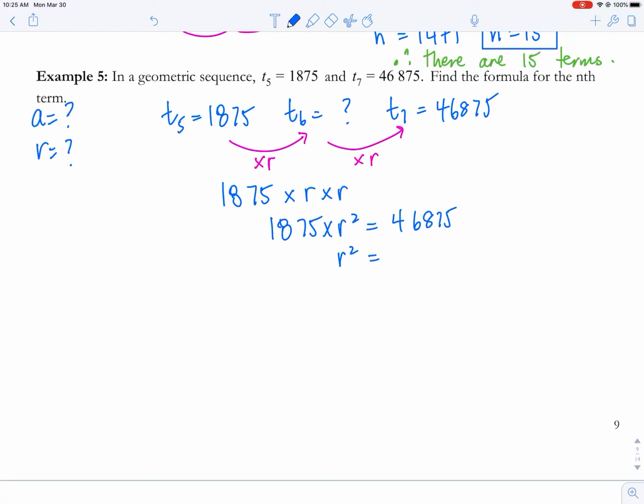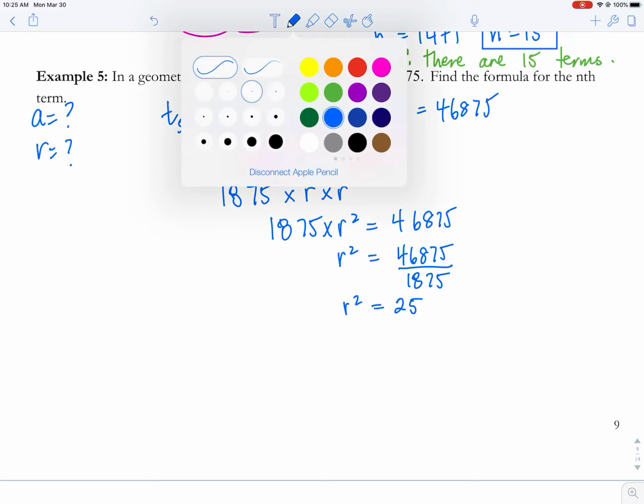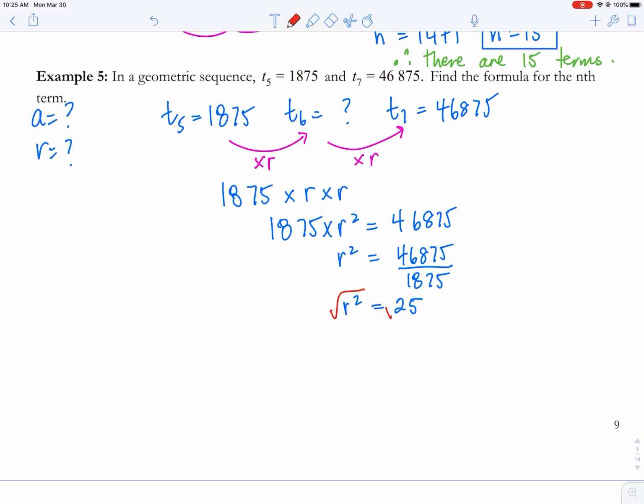I want R squared by itself, so I'm going to take 46875 divided by 1875, and I get that R squared equals 25. That means that the square root of both sides is going to give me R. And we got to be careful here because R can equal either plus or minus 5. Either one. When you square it, it's going to give you 25. So we found R. That'll be the first step.